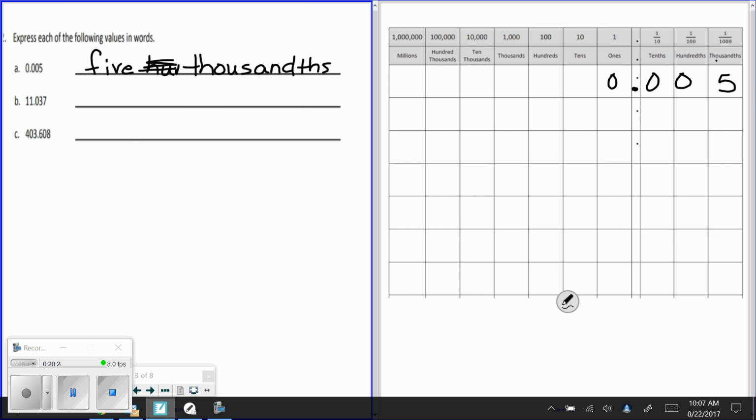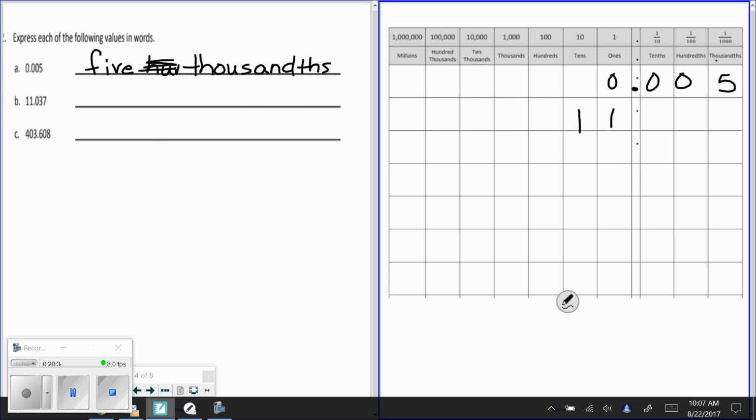So when I look at this one, I've got 2 numbers in front of the decimal, a 1 and a 1, a decimal, then 0, 3, 7. In front of the decimal, what is this number? Okay, you tell me. 11.